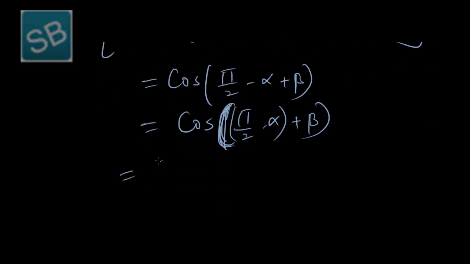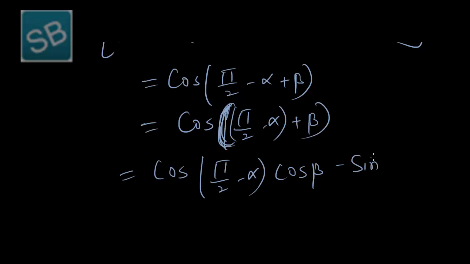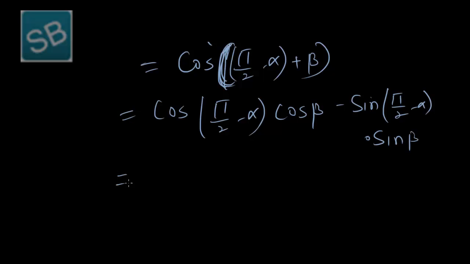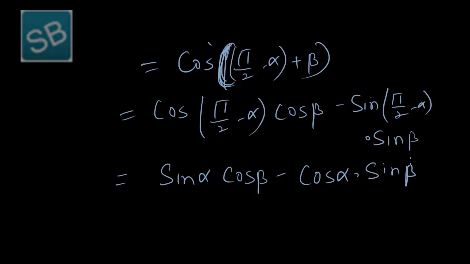That is cos alpha cos beta minus sin alpha sin beta. So it gives cos of pi by 2 minus alpha is sin alpha and cos beta is cos beta, and sin of pi by 2 minus alpha is cos alpha and sin beta is as it is. That is the corollary of theorem 1.